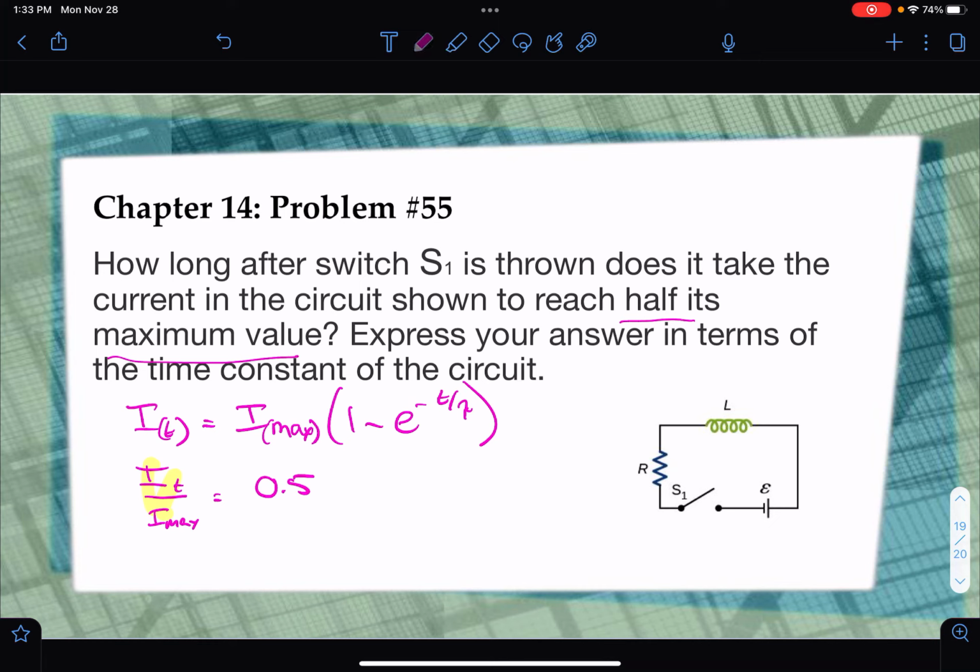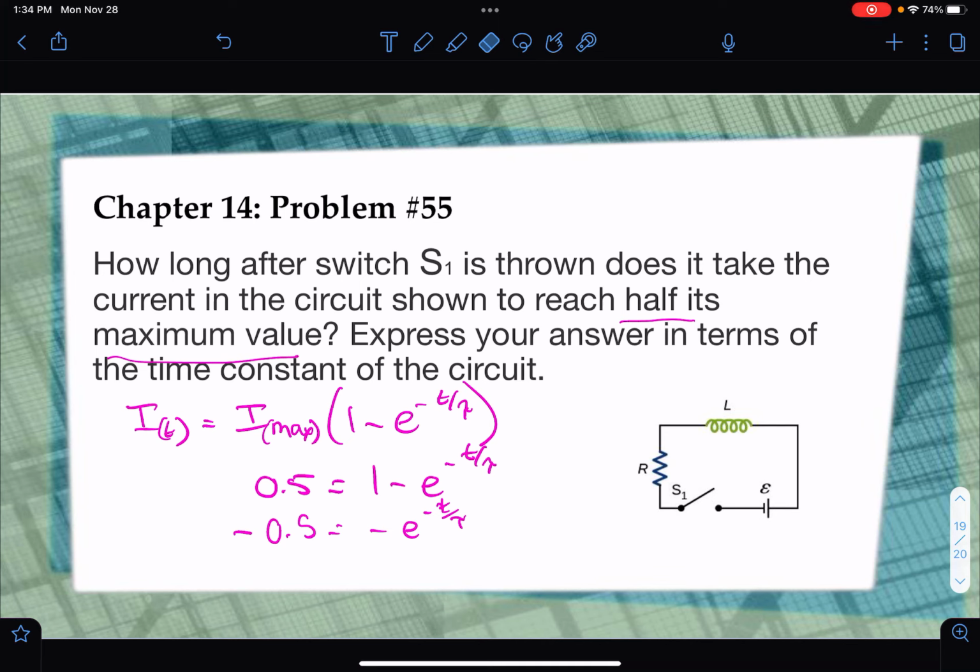So we have 0.5 equals 1 minus e to the negative t over tau. We subtract to get negative 0.5 equals negative e to the negative t over tau. So our negatives will cancel out, and now we're not taking the natural log of a negative number.